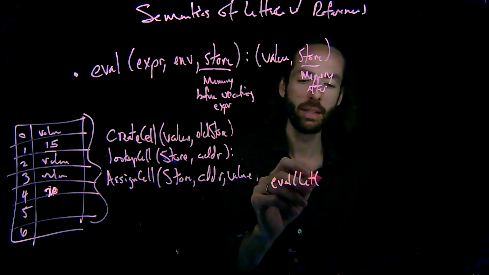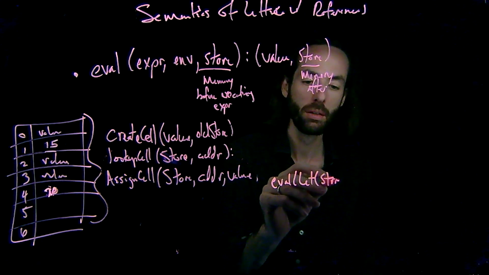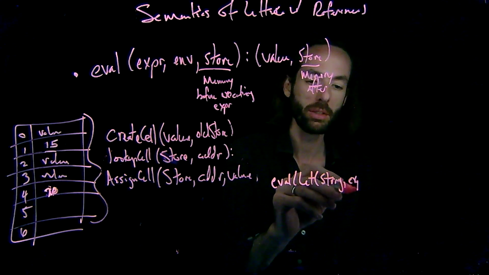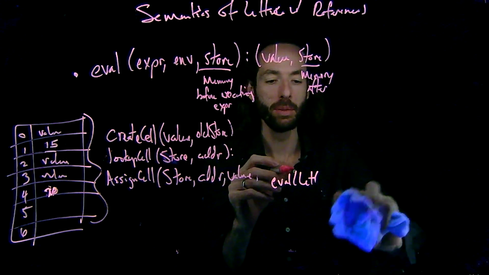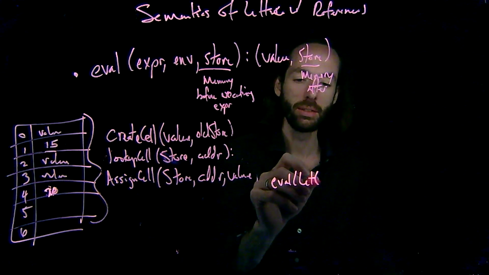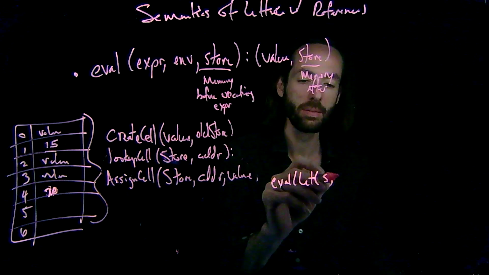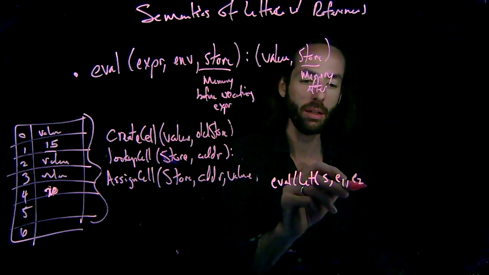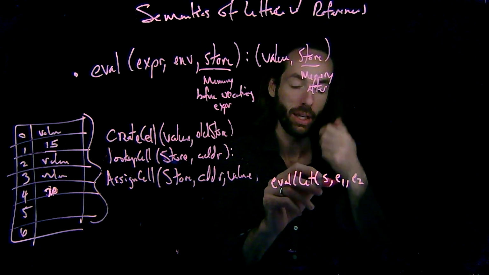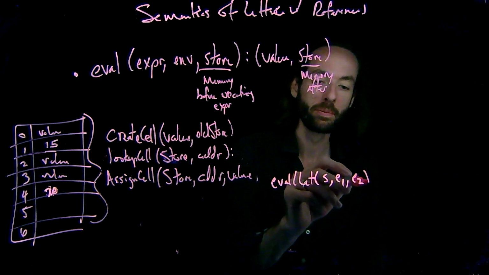What did let take in? It took in a string, and an expression which we're going to bind to the string. Sorry, let's give these names as opposed to types. So I have string s, I have what it's going to bind to, e1, and the body of the let expression, after the in, called e2.